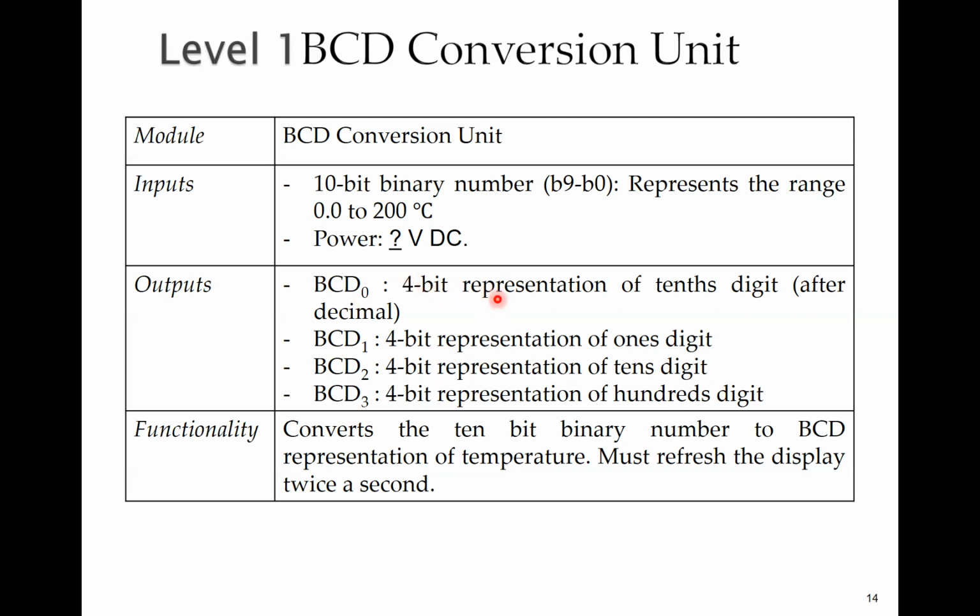Each is a 4-bit representation of the tenth digit, first digit, tenth digit, and hundredth digit. We simply imagine that 200.0 is the maximum that we can measure. Functionality, it converts the 10-bit binary number to BCD representation of temperature and must refresh the display twice a second. So this was not a requirement, but somehow determined in our design.